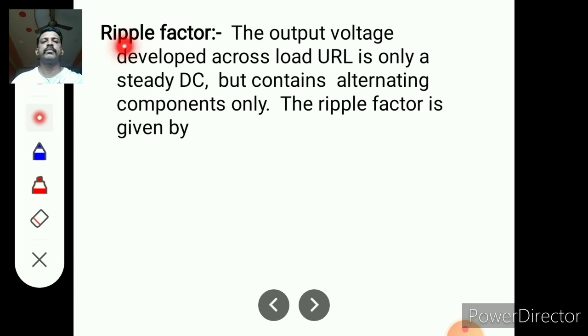Ripple factor. The output voltage developed across load RL is not a pure steady DC but contains alternating components also. The ripple factor is given by r equal to under root of I square RMS upon I DC square minus 1, equal to under root of [Im upon root 2 upon 2 Im upon pi] whole square minus 1.